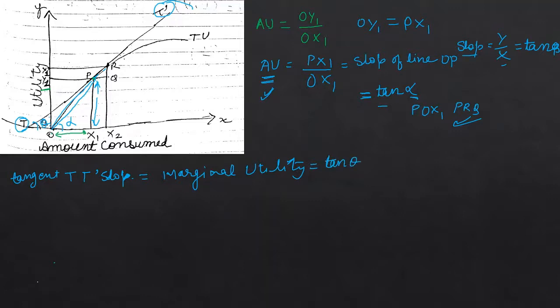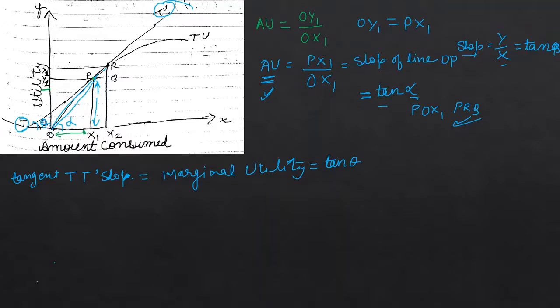That means if you want to calculate marginal utility at any point geometrically, you have to draw a tangent to the curve at that point, and the tan theta of the angle made by that line with the axis will be the slope.